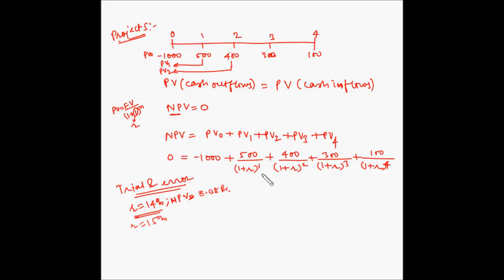So now in this equation, we have to replace R with 15%. So let's just consider the right hand side.